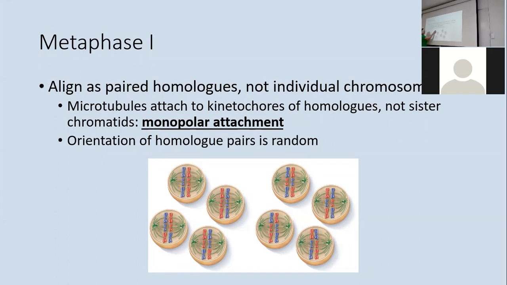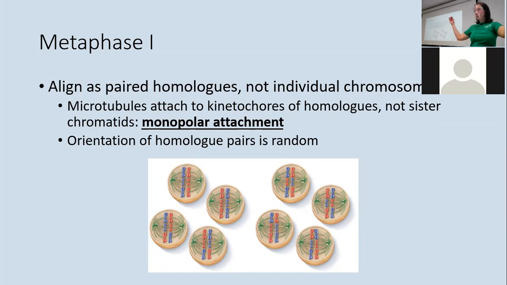So chromosome 1, maternal and paternal, are going to come up next to each other and line up. Chromosome 2 is going to come next to each other and line up. Chromosome 3 is going to line up. Now, what side the maternal and paternal ones are on can vary. It's less important, but we have a pair of chromosome 1s, a pair of chromosome 2s, chromosome 3s, and so on. We'll line up on that metaphase plate.